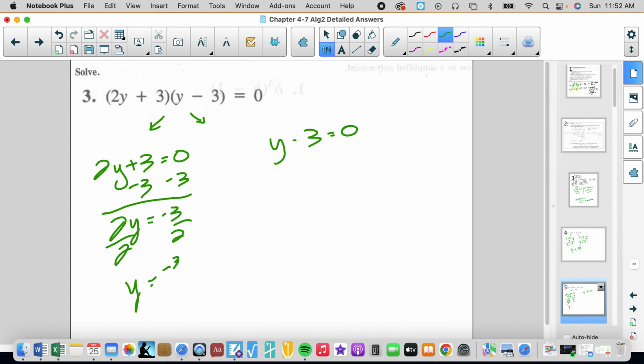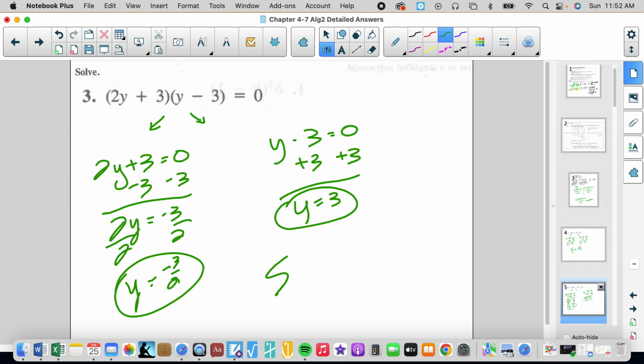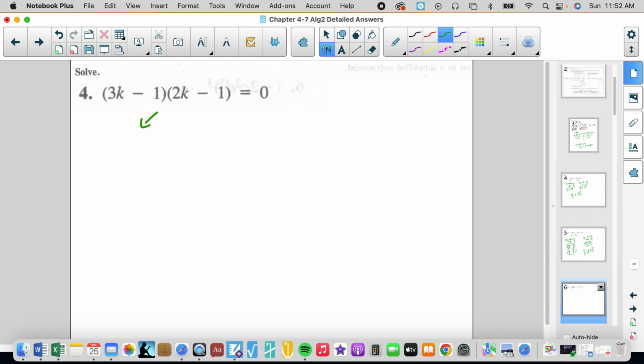y equals -3/2 and y equals 3. So -3/2, 3. We're going to set each one equal to 0.